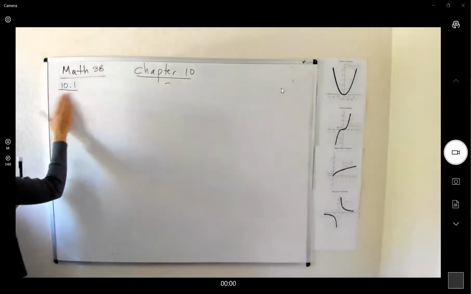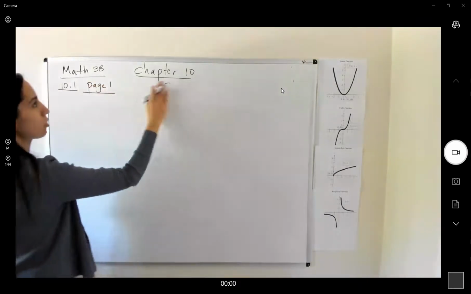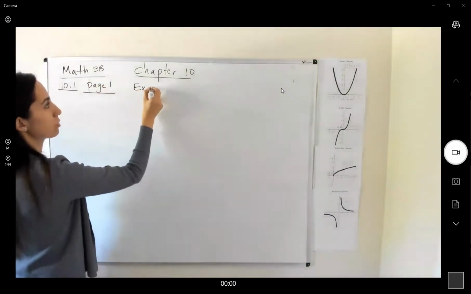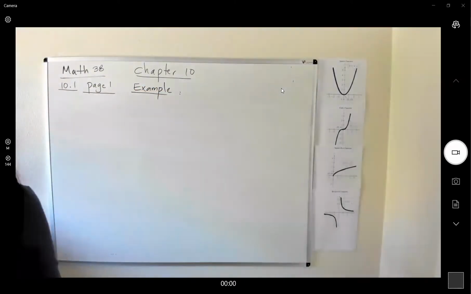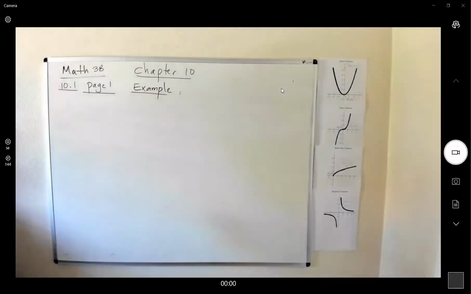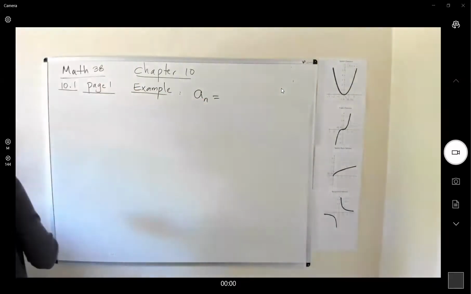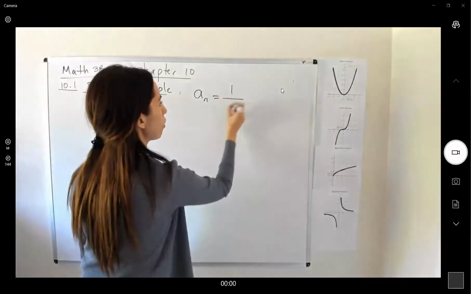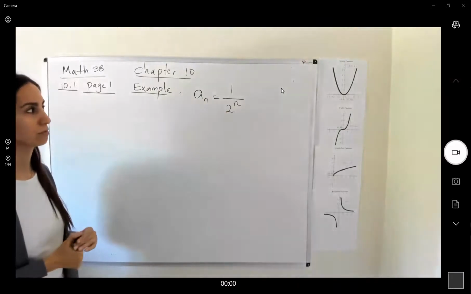Very well. We are still on page 1. Let's go over some examples to feel comfortable about this definition. For example, suppose you have a sub n, your sequence 1 over 2 raised to n.